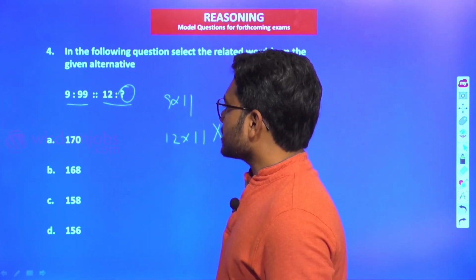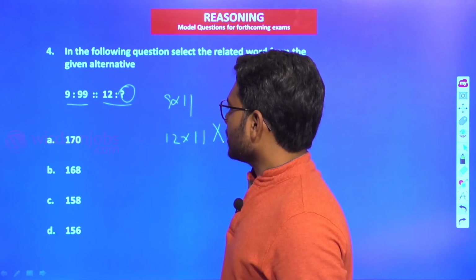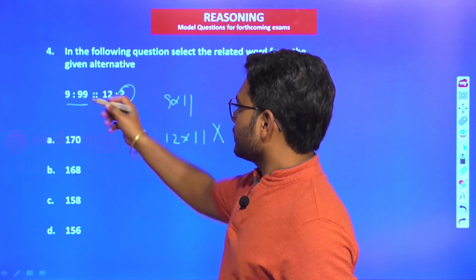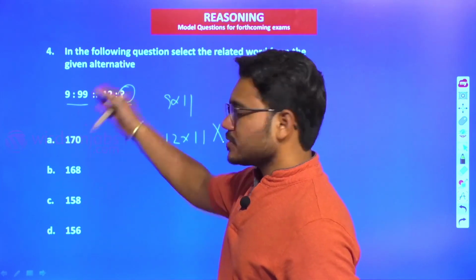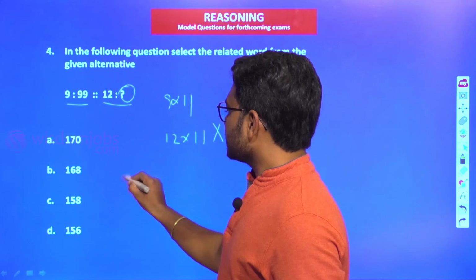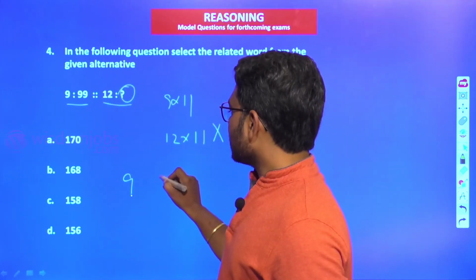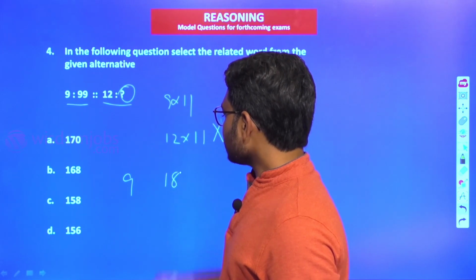So how can you write this 99 in other terms? Based on these answers we need to answer here. What could be the other thing? Suppose you add 9 plus 9, 18.